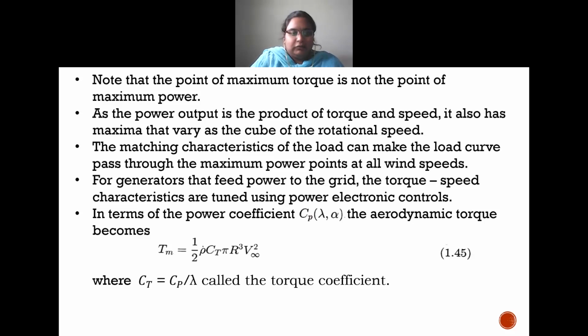So he's saying that because the power output is a product of torque as well as speed, there will be a maxima which will vary as the cube of the speed.